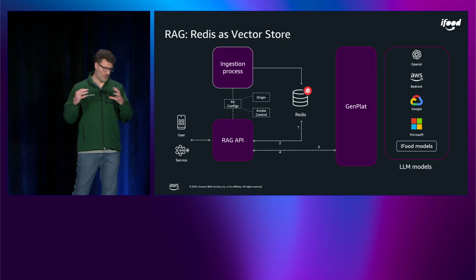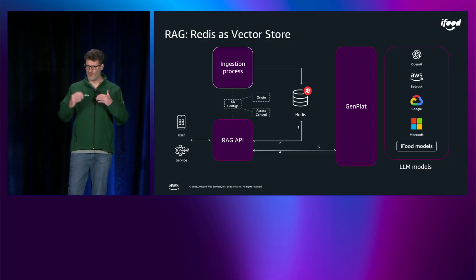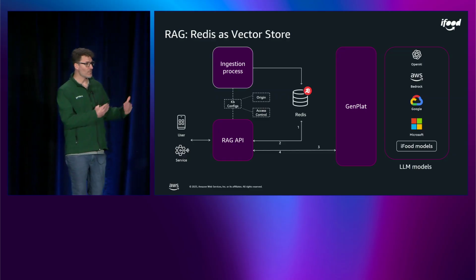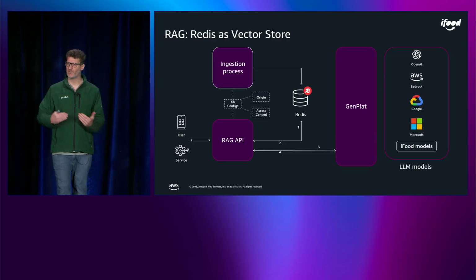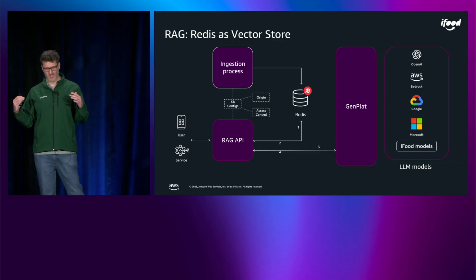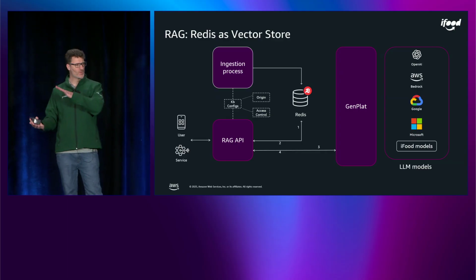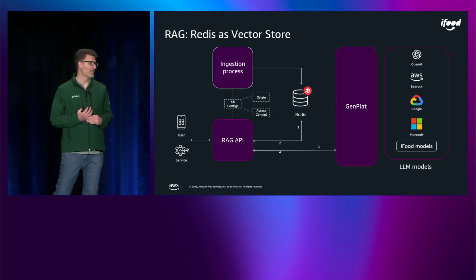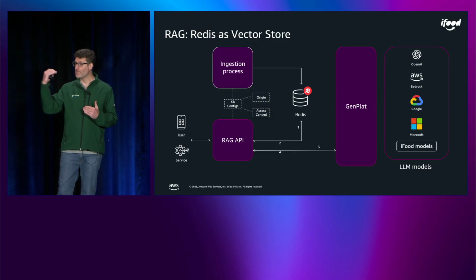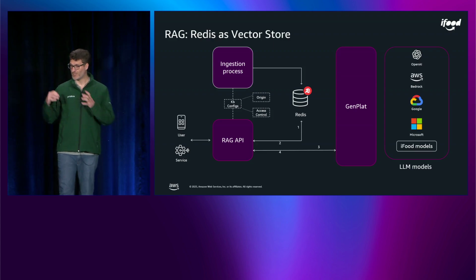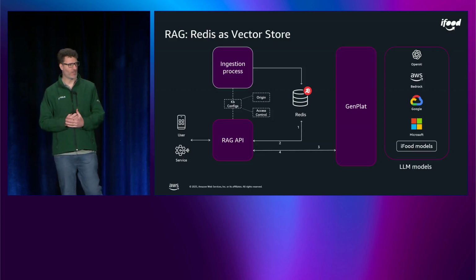This process is configurable by services or by projects inside iFood. Then there's a second pipeline, which is the retrieval pipeline. During these two pipelines, we are using different models through the Genplat API. The first type of model is the embedding model, which transforms the text or content into a vector of numbers and stores it inside the vector store.